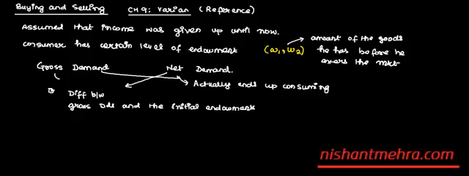So this is what your net demand is. Now, of course, your net demand could be positive, it could be negative. Positive would be the case when you have more than what your endowment is, you're consuming more than your endowment. And negative is when you're consuming less than your endowment. Positive is generally the case when you demand the good, and negative is generally the case when you supply the good. So this happens.